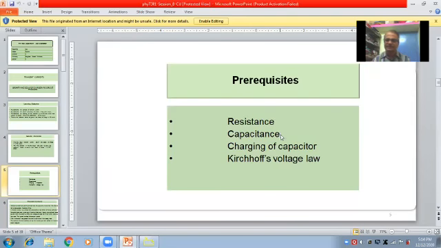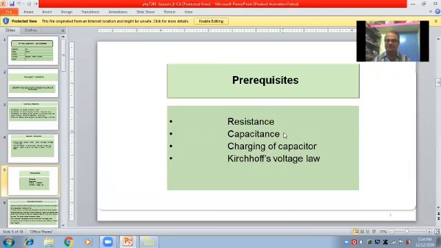What is the meaning of capacitance? Capacitance is the capacity of a circuit element to store charges. This is done by a circuit element called a capacitor.